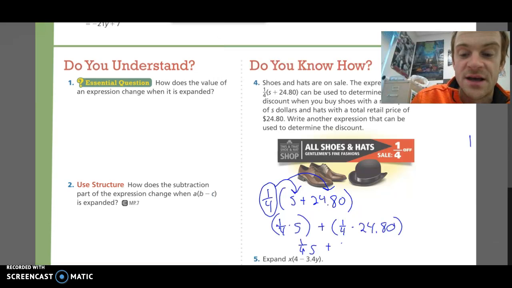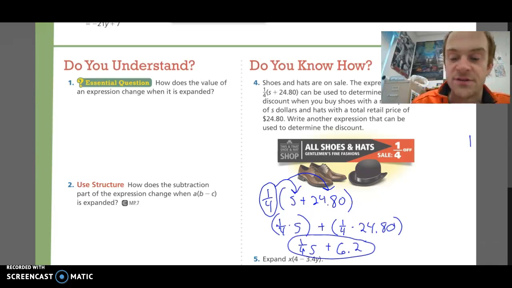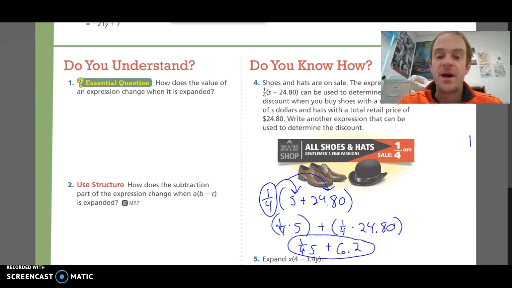So that means that an equivalent expression to what was written originally would be 1/4 s plus 6.2. If I buy 5 shoes, I could evaluate this expression and plug that in here and get the same answer whether I do it like this or like it says up here. Okay, so we expand it.